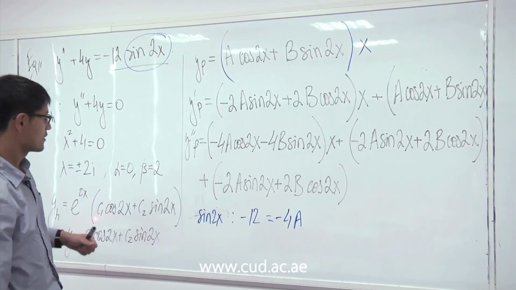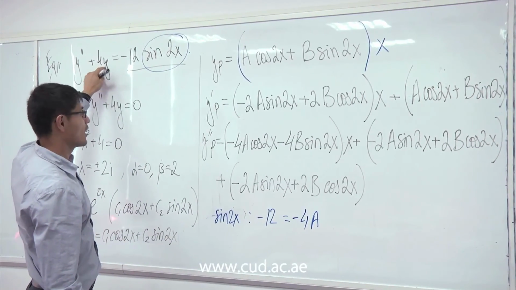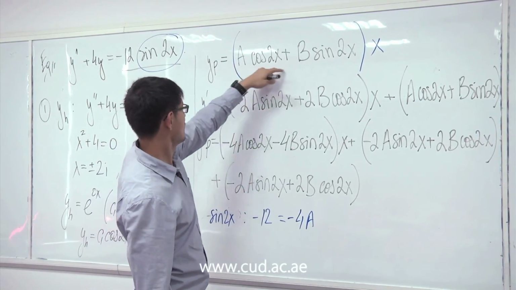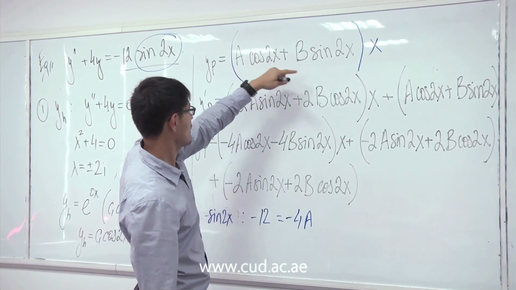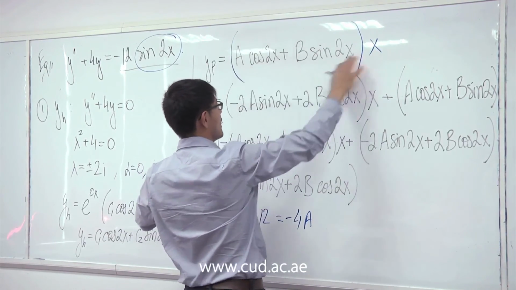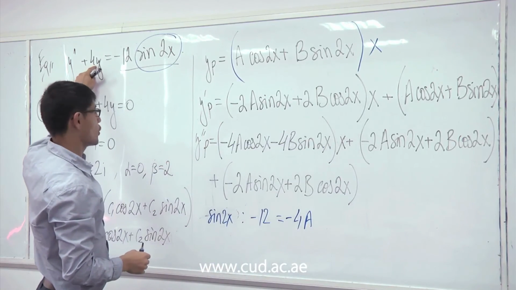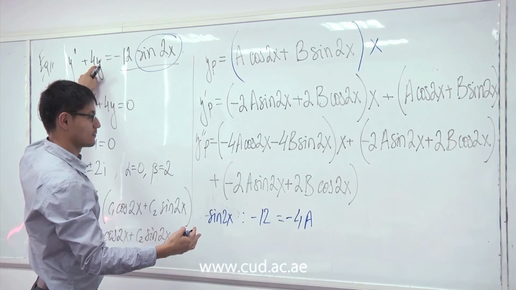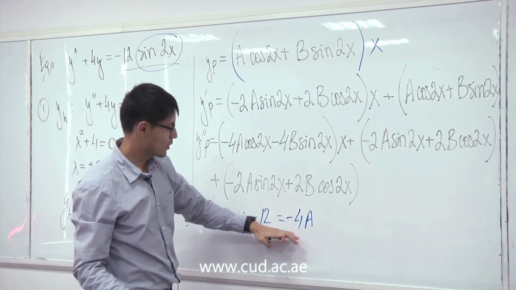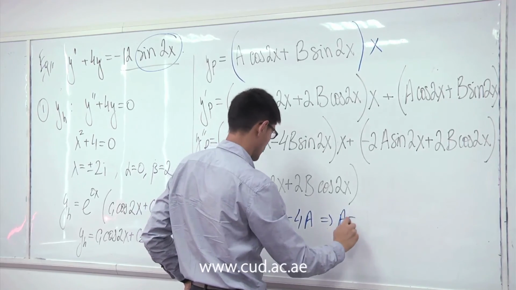That's the coefficient from y double prime. And I also have to do plus 4y. But in y, there is no sine 2x, because this sine 2x gets multiplied by x. So this term doesn't contribute anything. So all I get is negative 12 equals negative 4a. So that means that a has to be equal to 3.